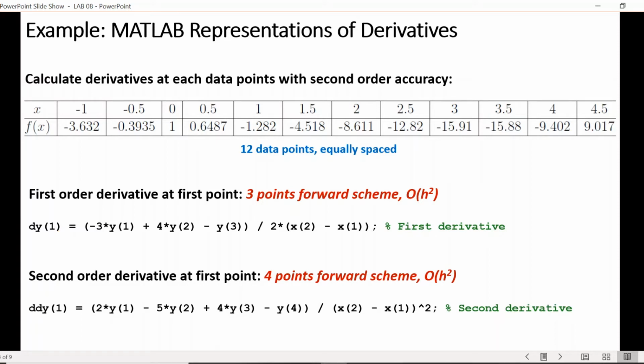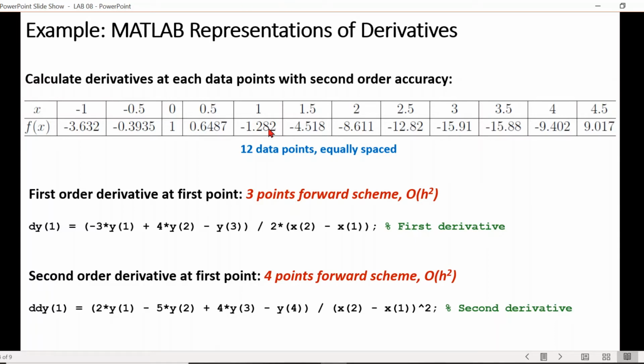And on the right side, we simply write the formula according to the finite difference scheme, where brackets for x and y denote the position of the data point and function values respectively.